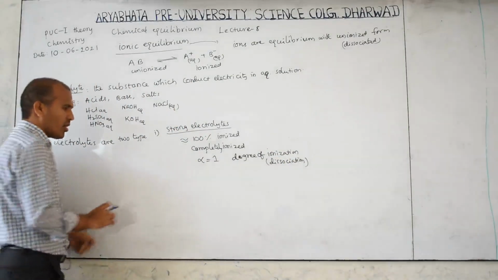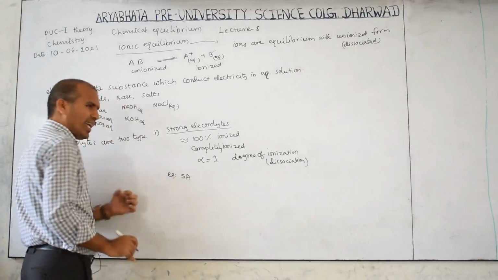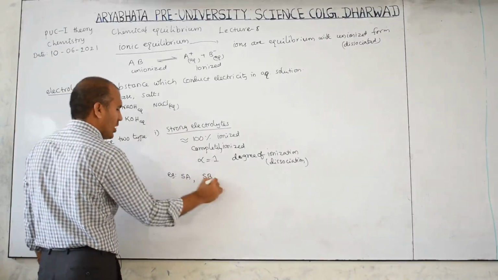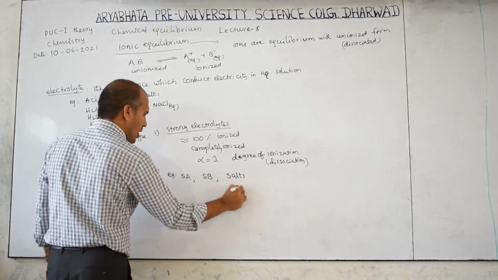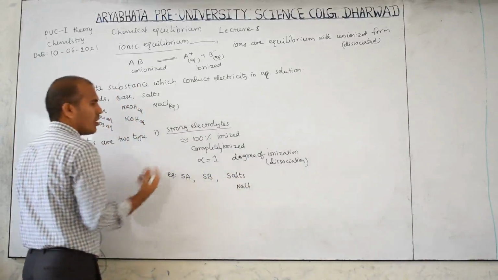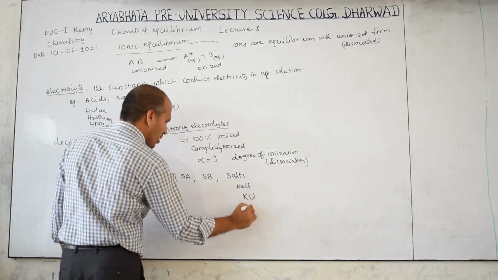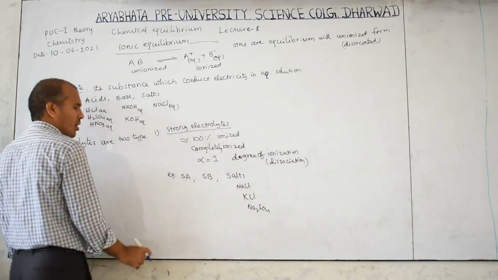Those are strong electrolytes. Examples of strong electrolytes: strong acid, SA means strong acid, SB strong bases, and some salts. NaCl is a good electrolyte, strong electrolyte, and KCl, Na2SO4, like this. These are strong electrolytes.